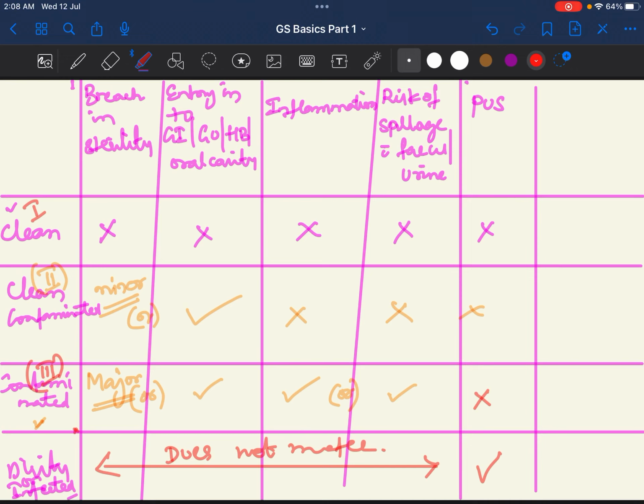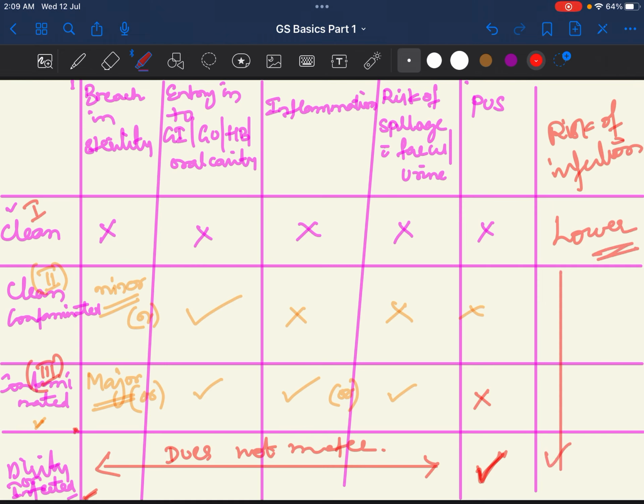If pus is there, then it is called a dirty or infected wound. So if you go from up to down, the risk of infection will be higher. Here in class 1 it is lower, and in class 4 the risk of infection is higher.